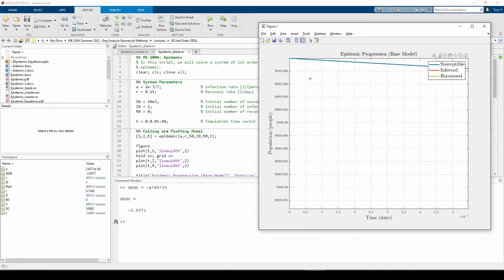If you think back to numerical differentiation, we can estimate the value of ds/dt using a forward, backward, or central difference. Since we're differentiating at t equals 0, we can only use the forward difference.